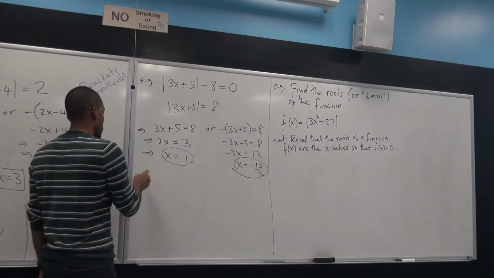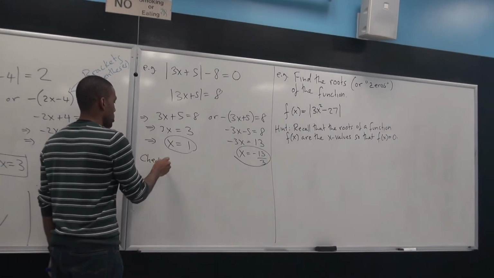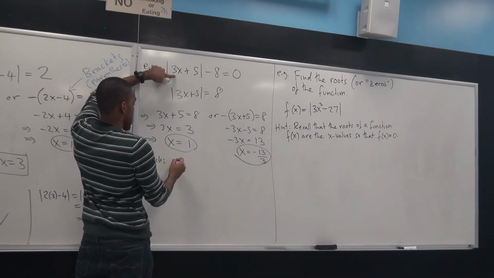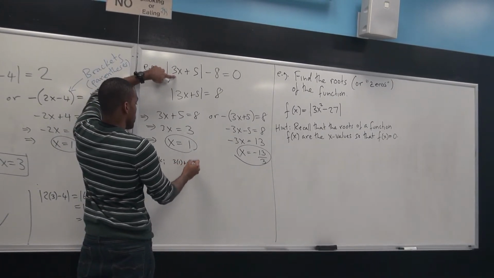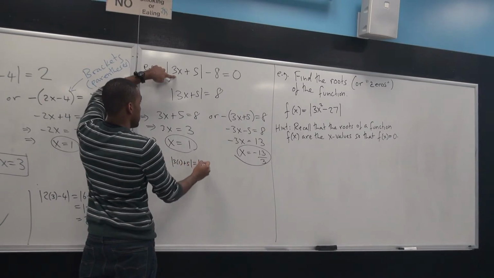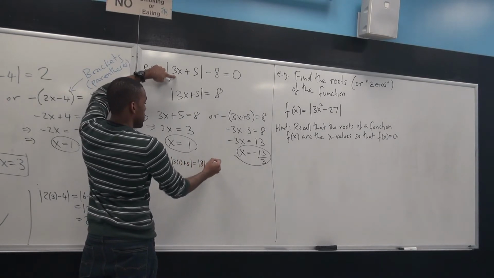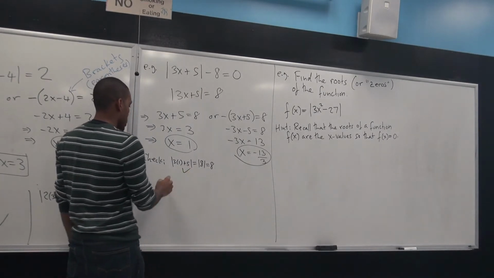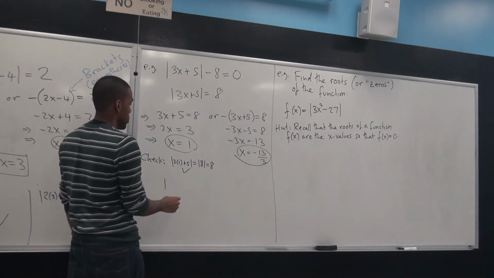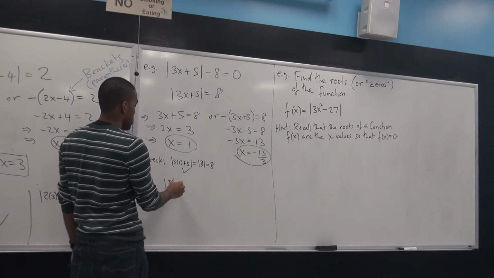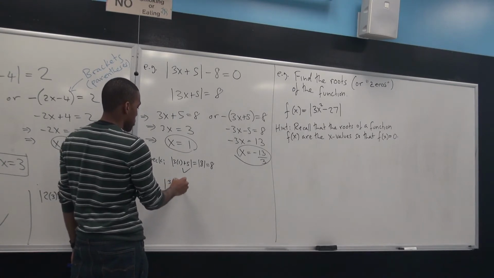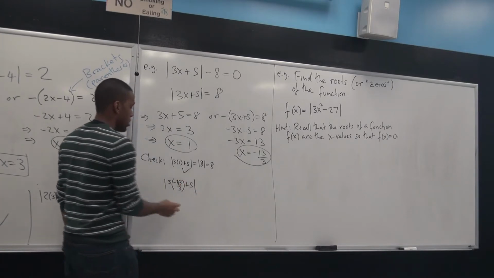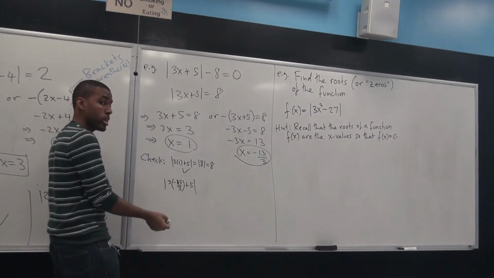And so I check my answer here. Plug in 1 for x. I would get 3 times 1 plus 5. That is the absolute value of 8, which is 8, which is what it's supposed to be. So that one checks out. If I plug in minus 13 over 3, so I have 3 times minus 13 over 3 plus 5, the 3's would cancel because there's multiplication.